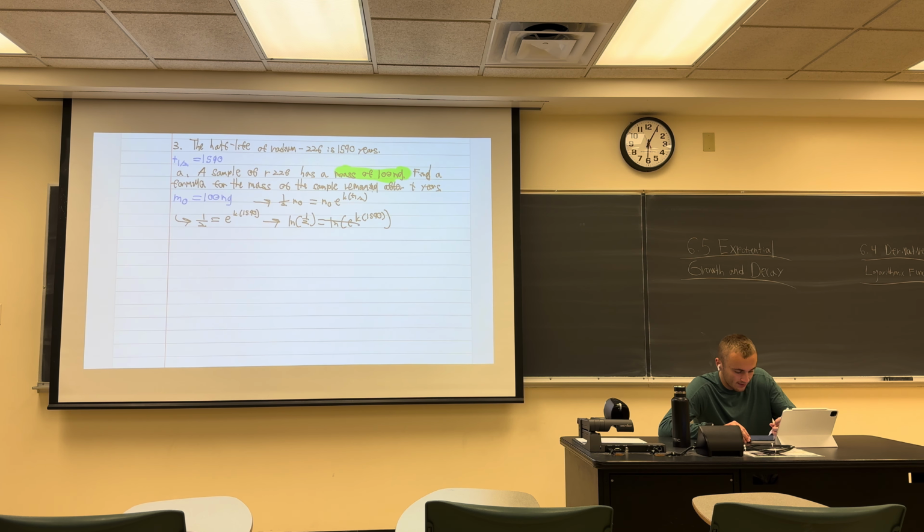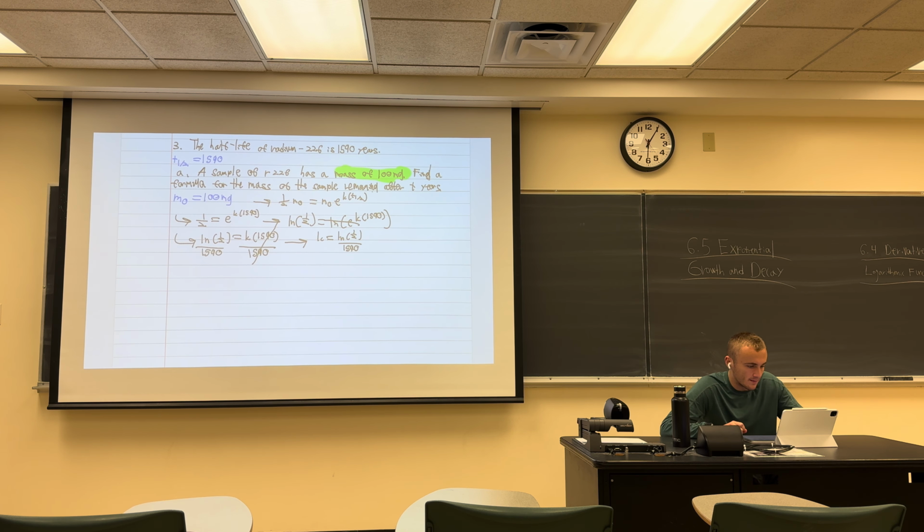Then ln and e cancel each other out, so we have ln of 1/2 equals k times 1590, and we want to know k. So we'll just divide both sides by 1590, cross out on that side, and therefore k equals ln of 1/2 over 1590.